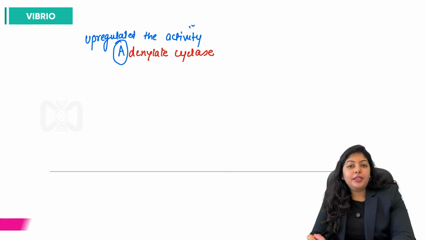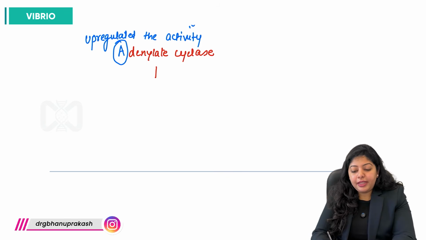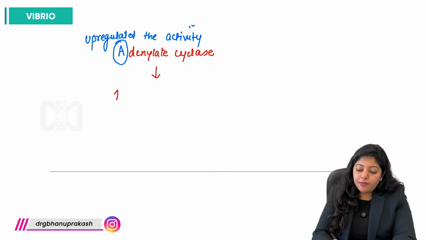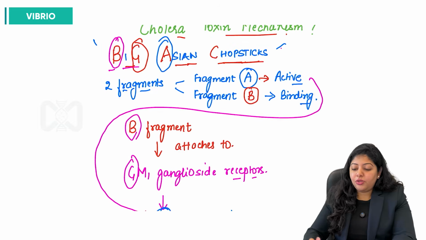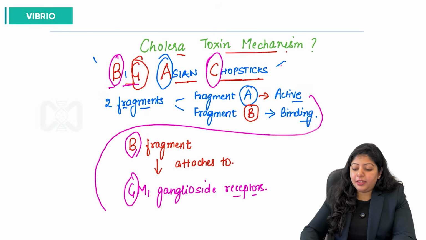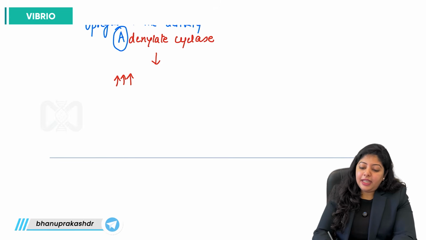Now, due to the upregulation of adenylate cyclase, what happens? Now we have used two A's, so there is going to be an increase in cyclic AMP.